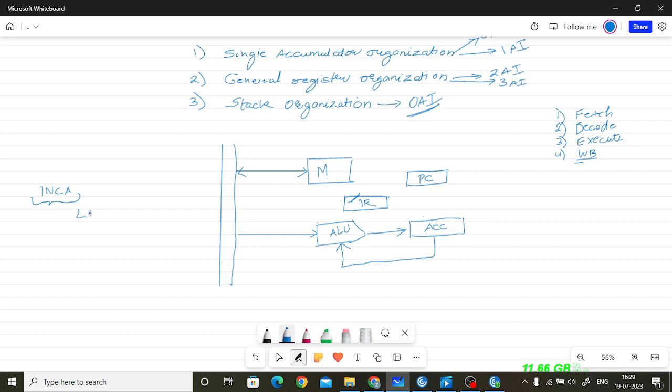We give the instruction LDA, which means load accumulator. So single accumulator organization is capable of executing only single address and zero address instructions.